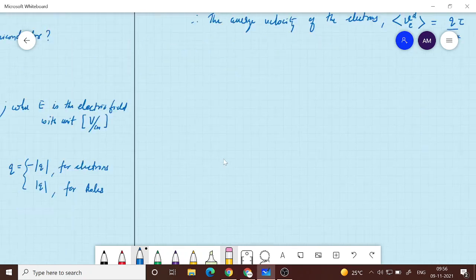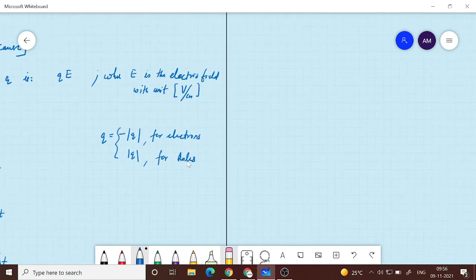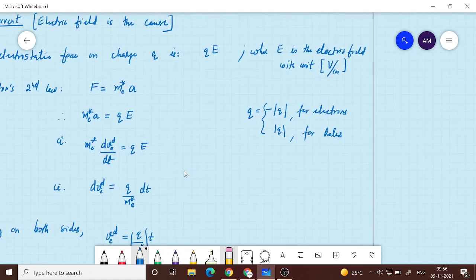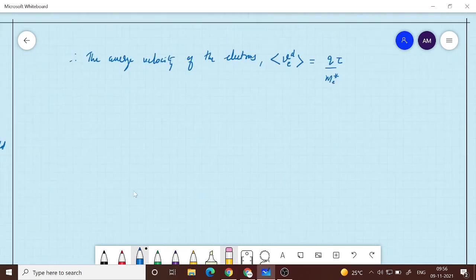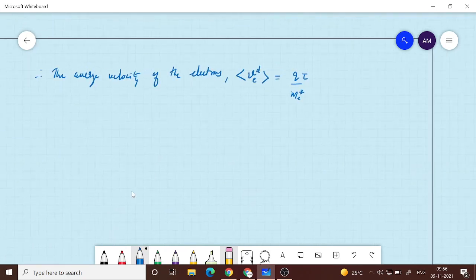I will explain what this tau is. There is also one t which I missed here, so this will be multiplied with t, into the electric field.